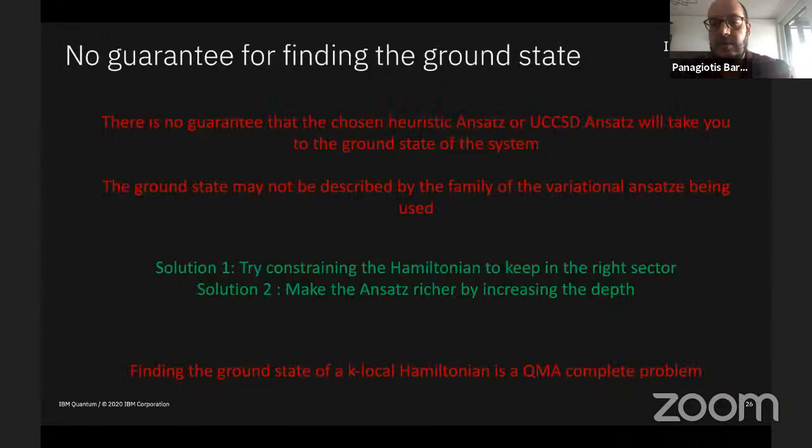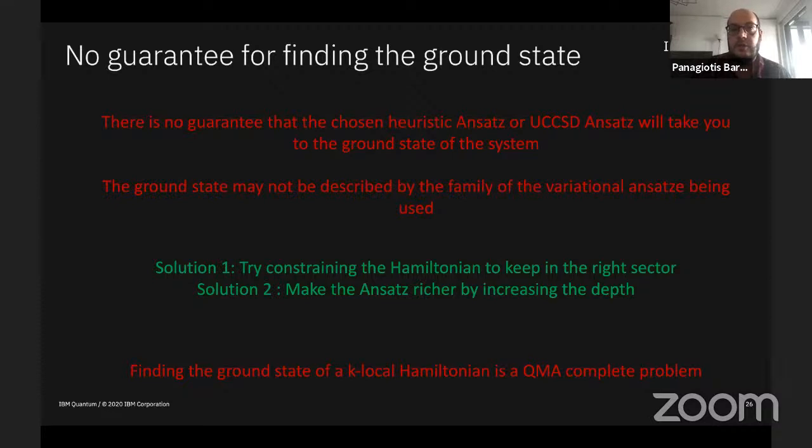What is important to know is that out of these variational forms, there is no guarantee that the chosen heuristic ansatz or even the UCCSD ansatz will always converge to the ground state of the system due to the optimization limitations. The ground state may not be described by the family of variational ansatz that we described before, and may require a significant increase in the number of d for the heuristic, in the number of repetitions of the blocks in the heuristic ansatz.